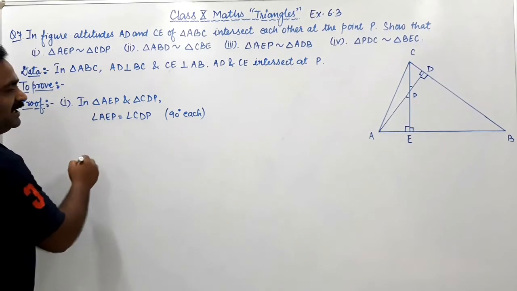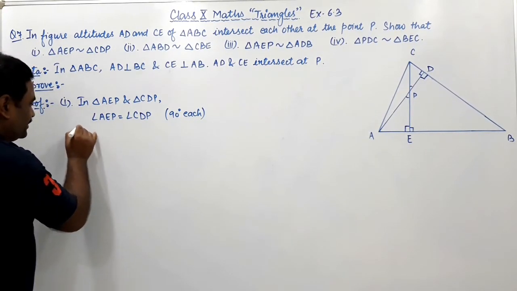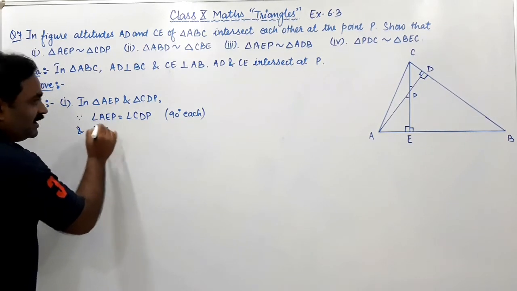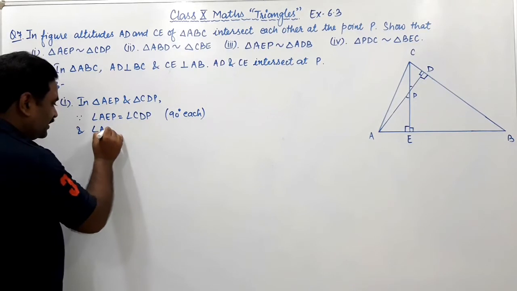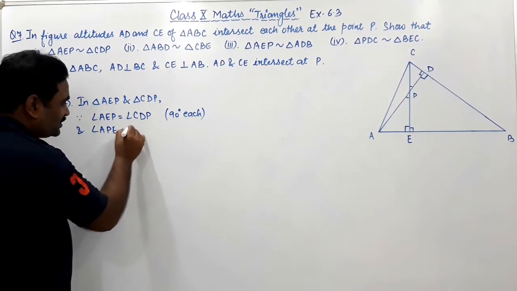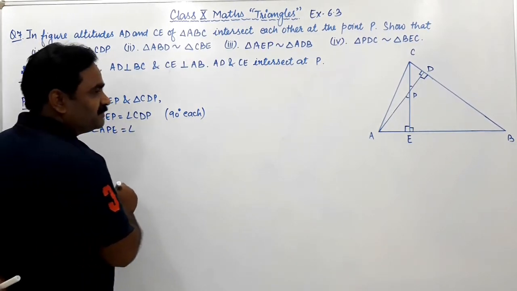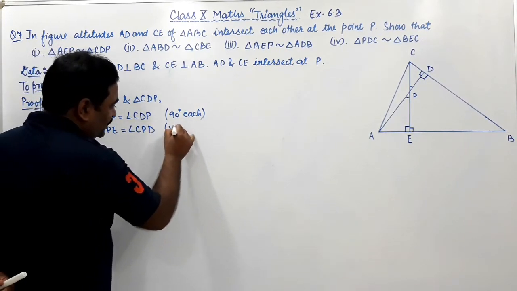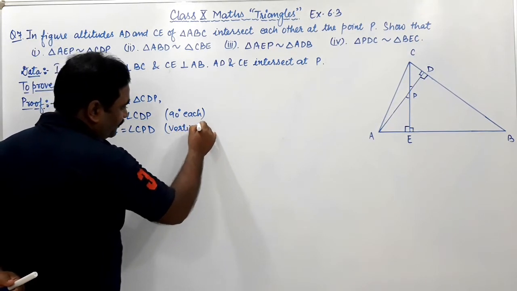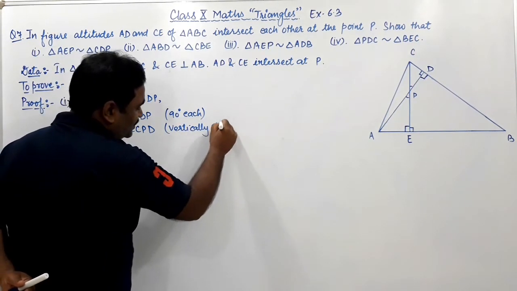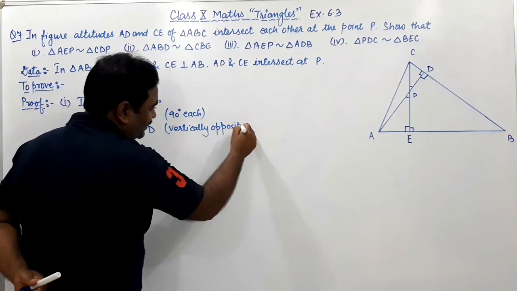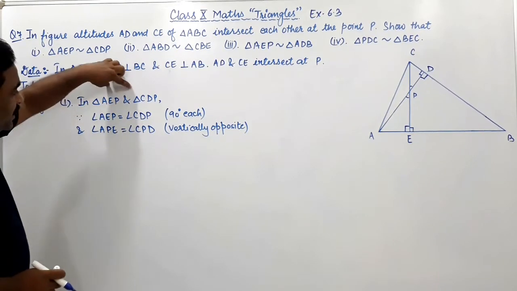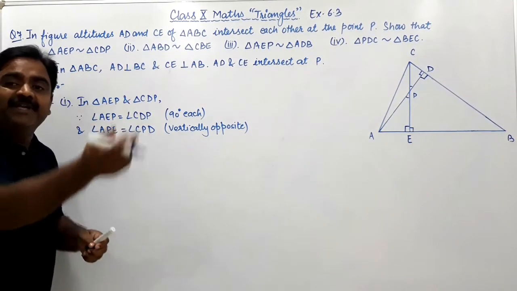So in these triangles, angle APE is equal to angle CPD, because they are vertically opposite angles. That's why they are equal. Right. Now in these two triangles, two angles are equal, meaning corresponding angles are equal.